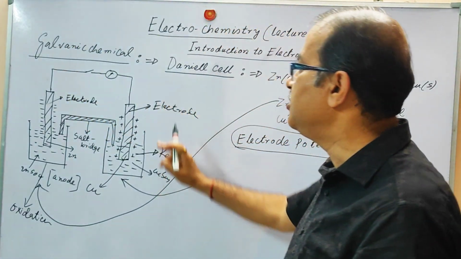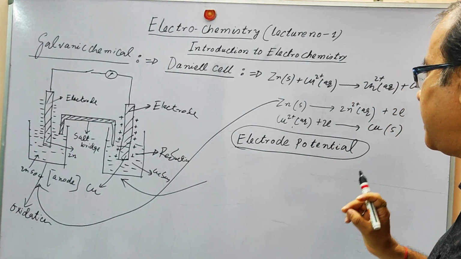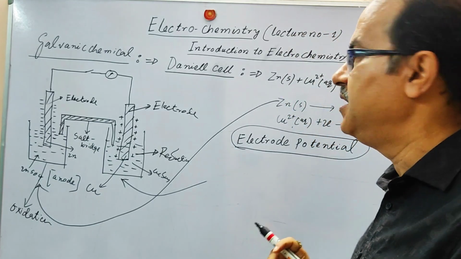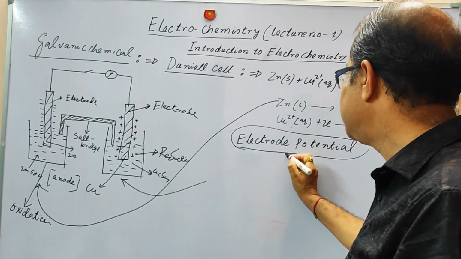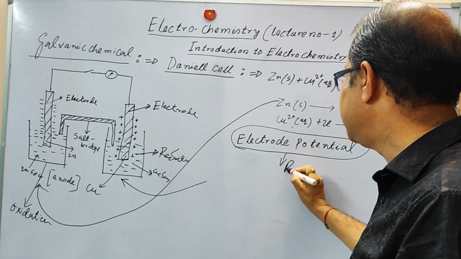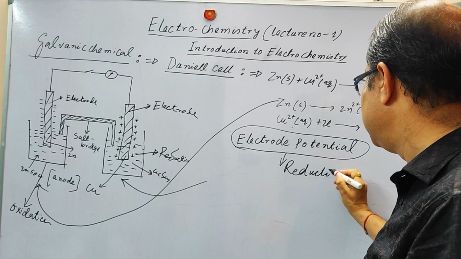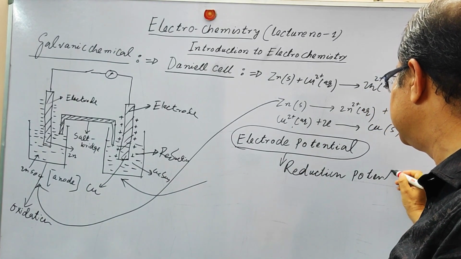So there is a potential you can observe, called the electrode potential, and as per the IUPAC convention, the IUPAC rule, you have to always consider the reduction potential.